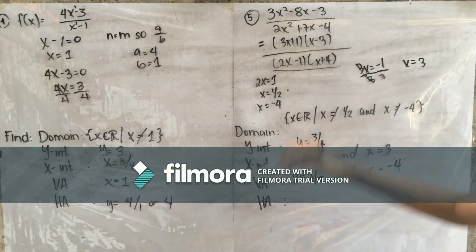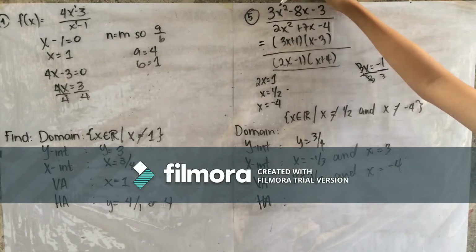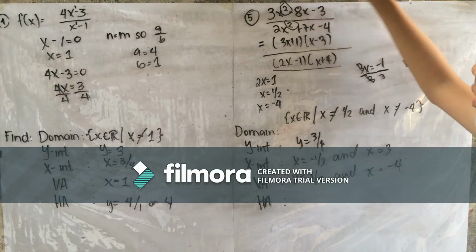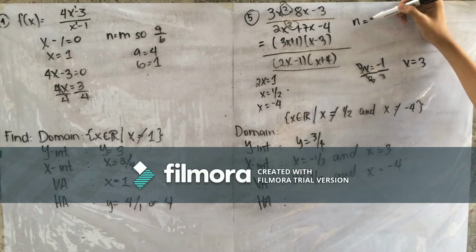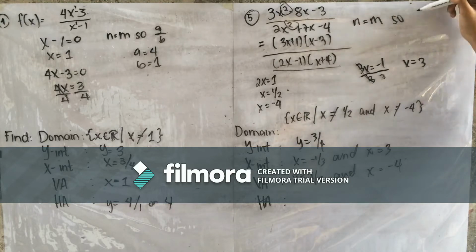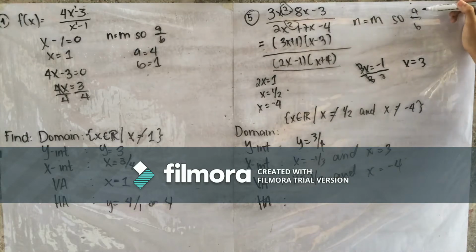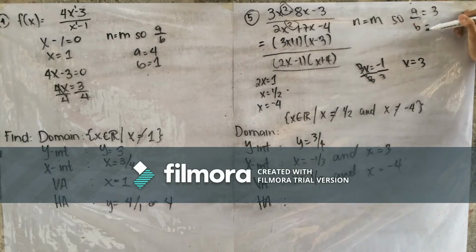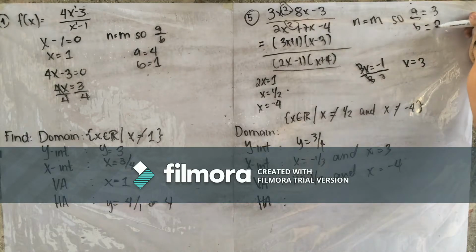Then, horizontal asymptote, let's pick the exponents, both are 2. So, n is equal to m. So, a over b, where a is equal to 3 and b is equal to 2.